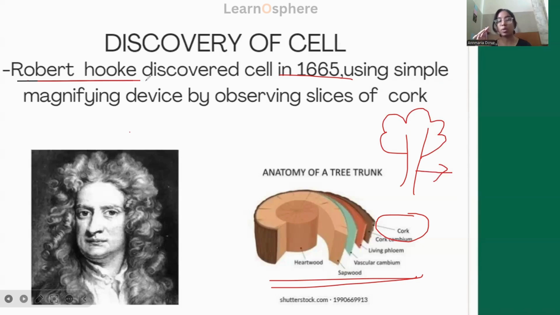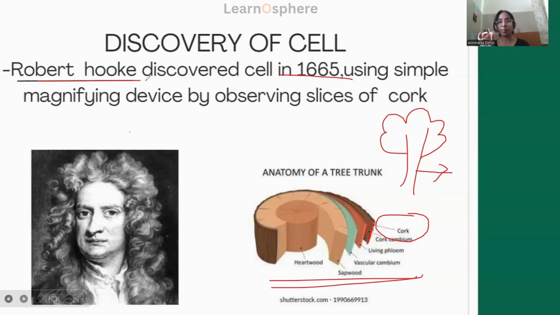The trunk will have the bark. That outermost layer of the bark he took. Basically he took this part which you can see. From the trunk of the tree, from the bark of the tree, he took a slice of cork.